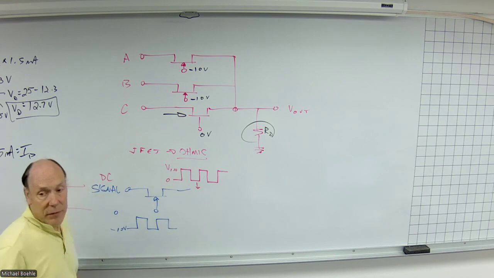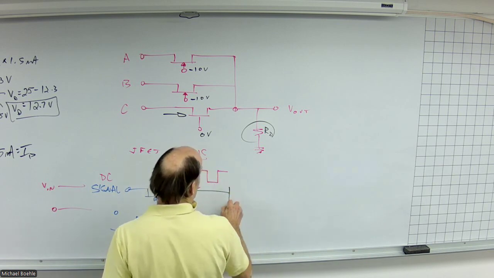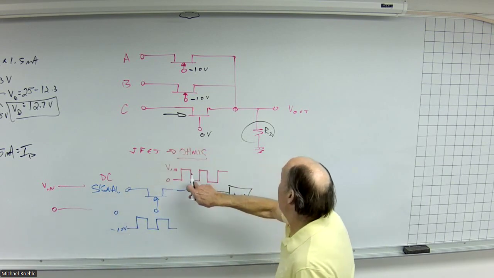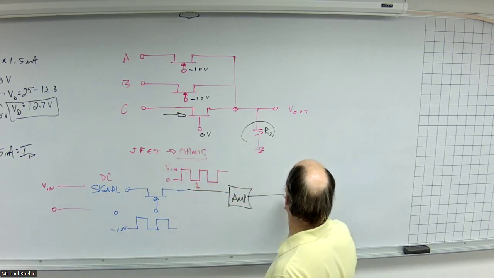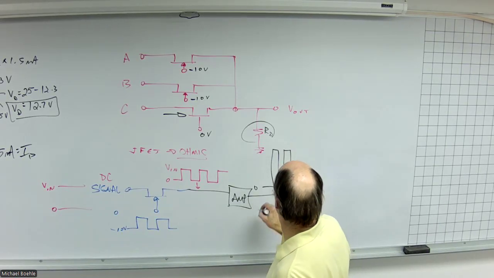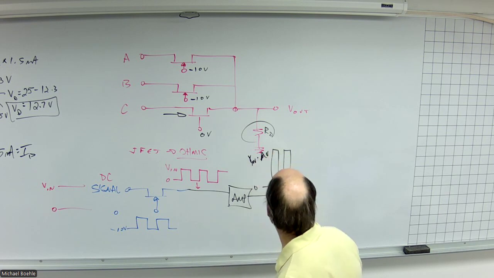Now I have essentially created a square wave, which I can then amplify. So now we run this into an amplifier. Now the output is bigger, right? 0 to whatever the input voltage is times my voltage gain.